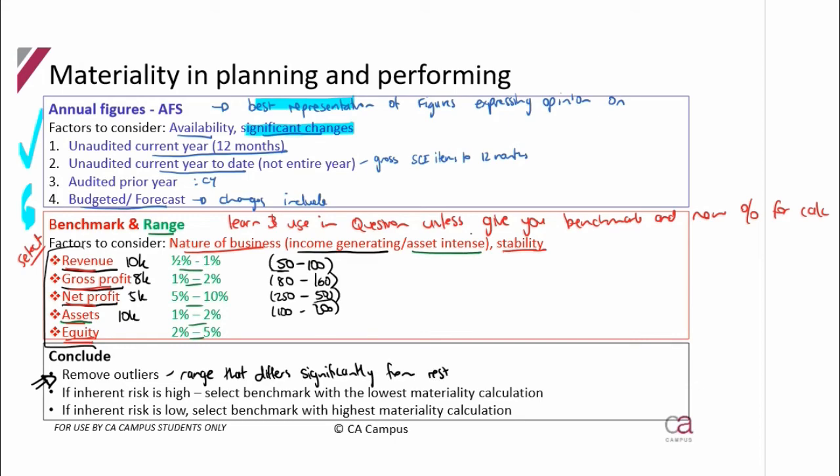And if I look at those ranges, 50 to 100, 80 to 160, 250 to 500, 100 to 200, is there an outlier here? Yes. Net profit is an outlier.